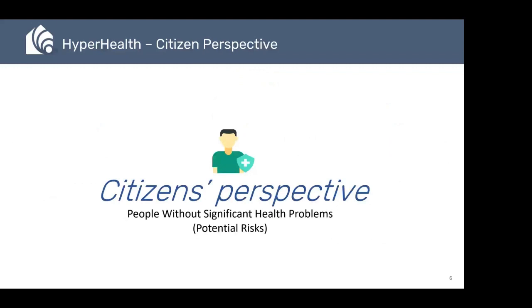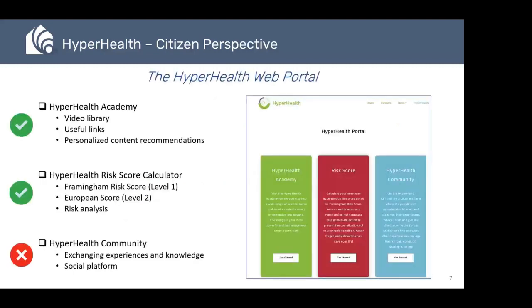So let's spend a few words on the citizen perspective, which is the first stratification that we described a while ago. I was mentioning before the HyperHealth web portal, and I already said that it contained 3 main blocks. The HyperHealth Academy contains a video library of training materials and useful links to follow for a healthy lifestyle.